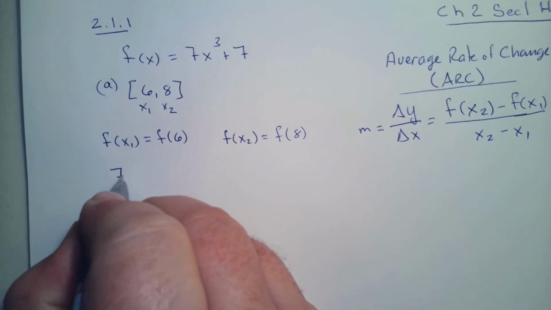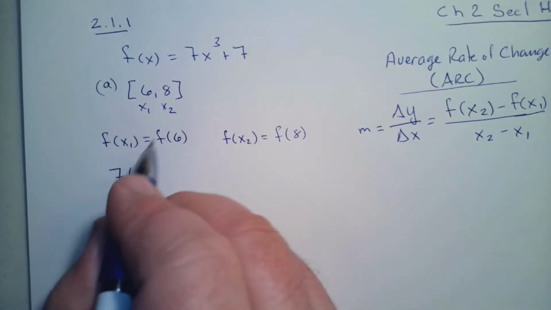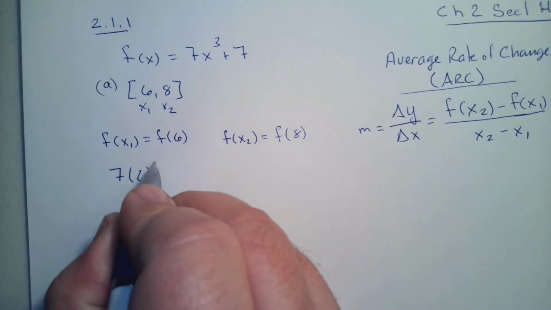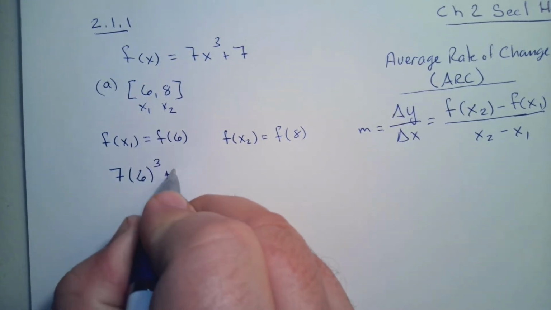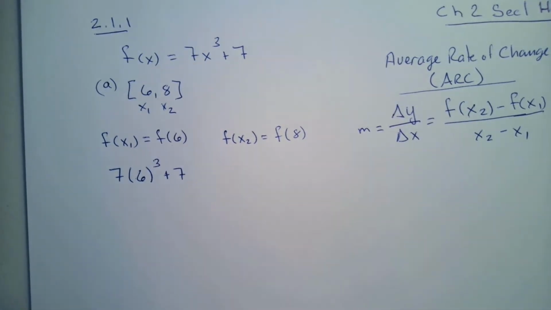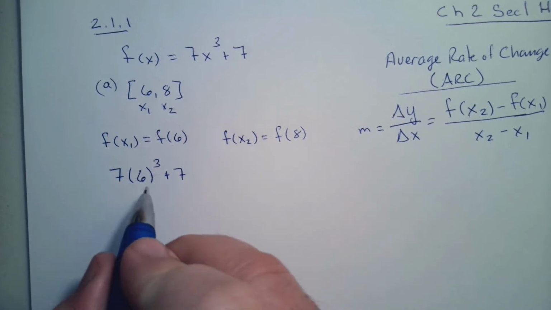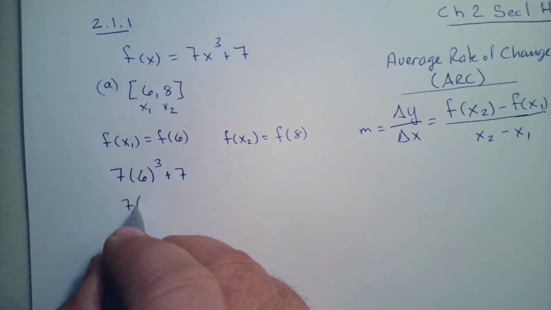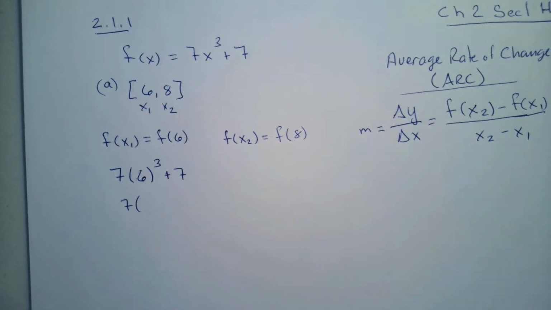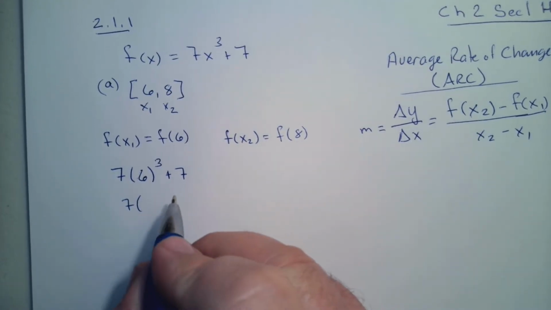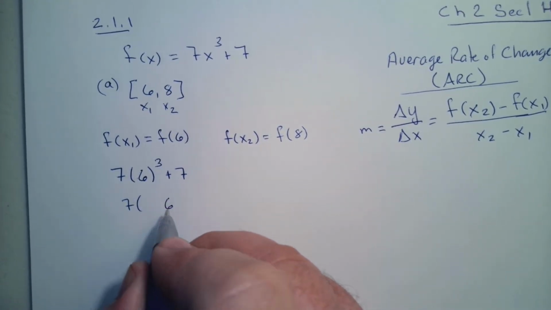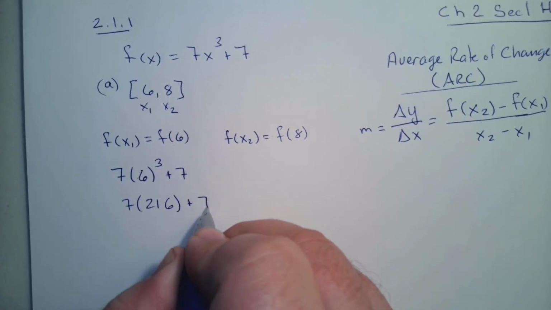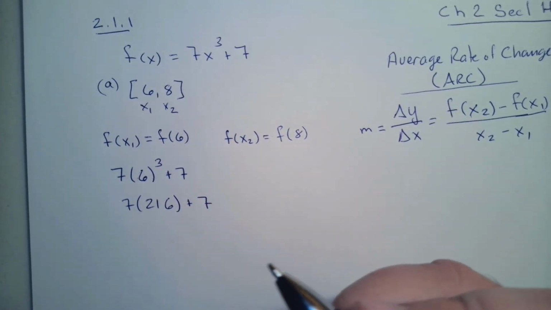So 7, here's the x, so it's 6 cubed plus 7. 6 cubed is 36 times 6 is 216, plus 7.